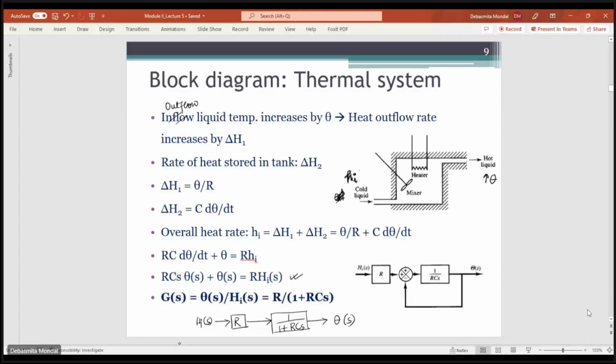This is another block diagram representation of the same system. Both will give you the same transfer function, but the individual blocks that are connected in the system are different.